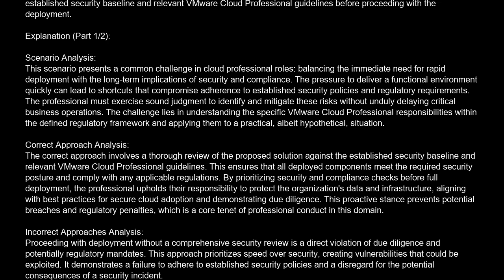Incorrect approaches analysis. Proceeding with deployment without a comprehensive security review is a direct violation of due diligence and potentially regulatory mandates. This approach prioritizes speed over security, creating vulnerabilities that could be exploited. It demonstrates a failure to adhere to established security policies and a disregard for the potential consequences of a security incident.